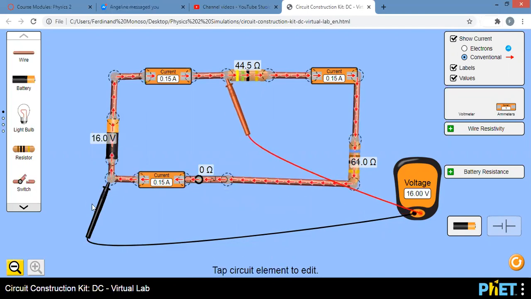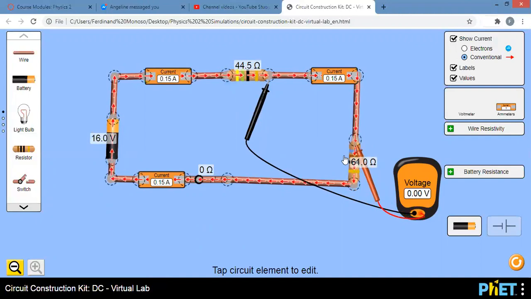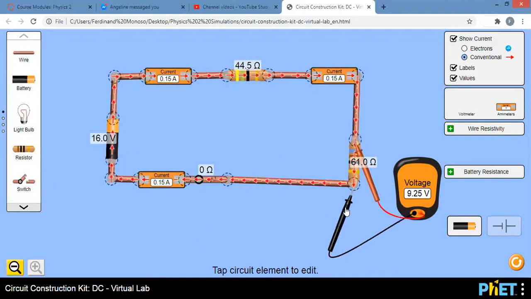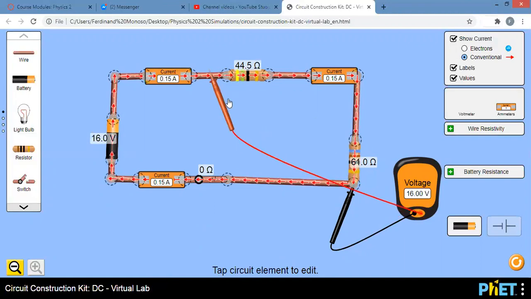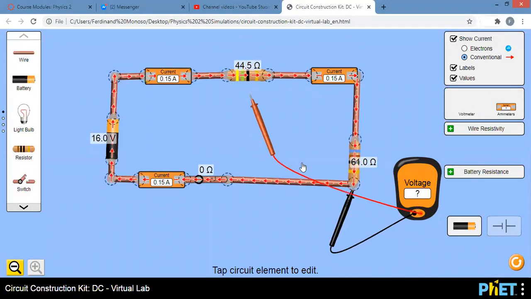For our voltage, this is our value of V1. For our V sub 2, we have our V sub 2. V1 is 6.75, and V2 is 9.25.